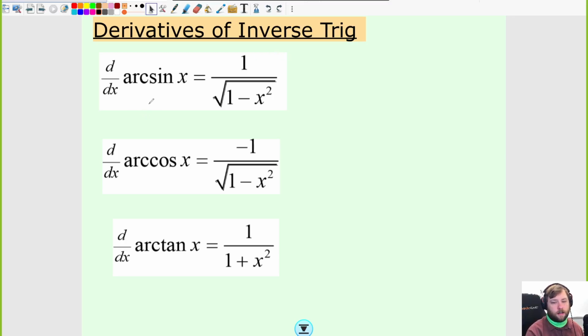I wish I had a little mnemonic to memorize this or a song to play. I don't have a song. But the sine is the one that's positive. And now cosine looks the same, but this one is going to be negative. And arctangent is the one where there's no square root. There's no root. And then you add them on the bottom.